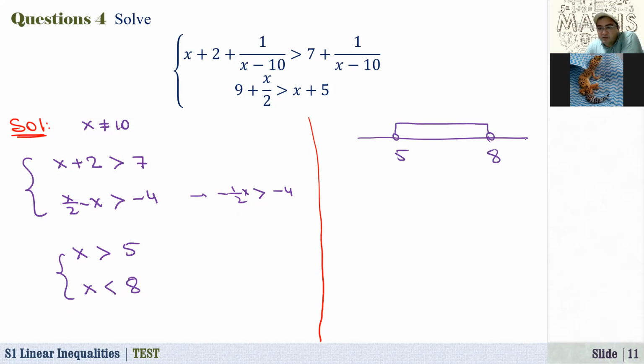See here, it does not include 10. 10 is outside this region. Anyway, we don't have to mention this in the final answer. So the solution of this system is 5 less than x less than 8, or simply the set form is between 5 and 8.